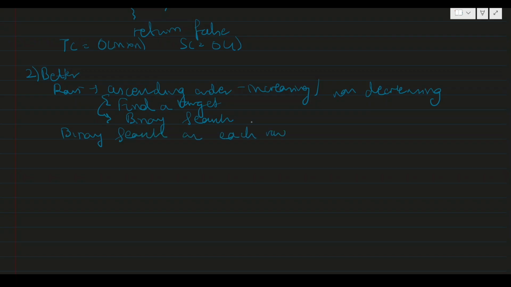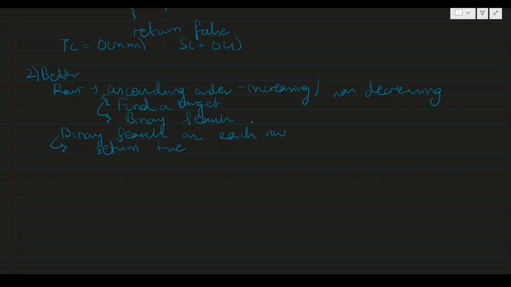As the row is sorted, we'll check if the element exists, then we'll simply return true, we don't have to return the index. And after all the traversals, if the element doesn't exist, then we'll return false.